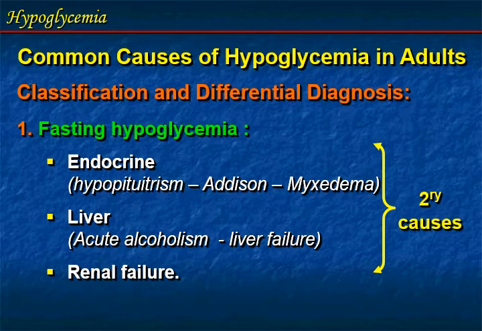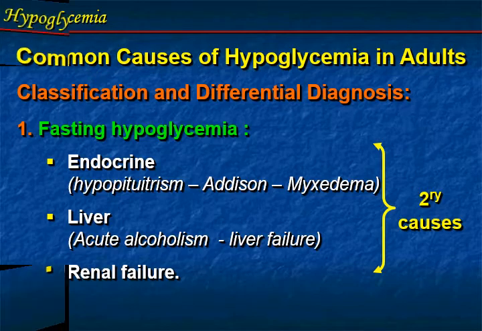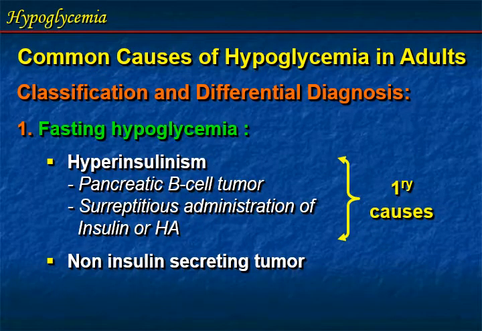And by liver, in Western countries we have alcoholism, and in the Middle East we have liver failure, and lastly renal failure. Yes, these are the secondary causes of fasting hypoglycemia, and these are the crucial and the most important causes.